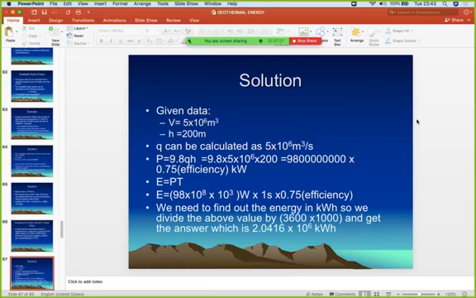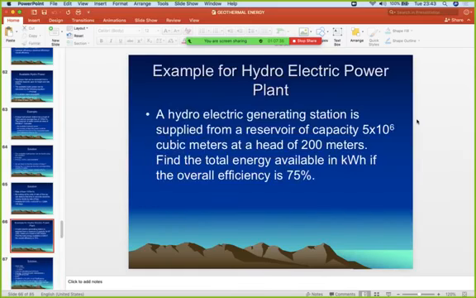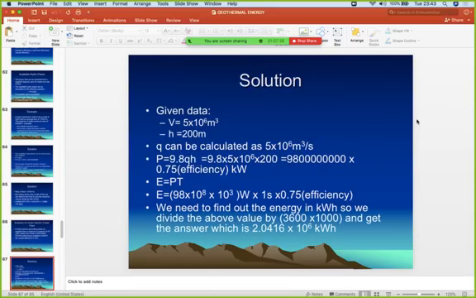What is that? 980,000 times 0.75 efficiency. So A is for efficiency, equals PT. So P is 98 times 10 to the 8 times 10 to the 3 watts. Now that is watts times 1 second times an efficiency of 75%.